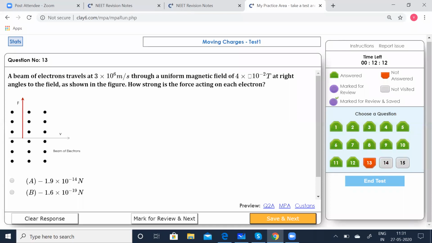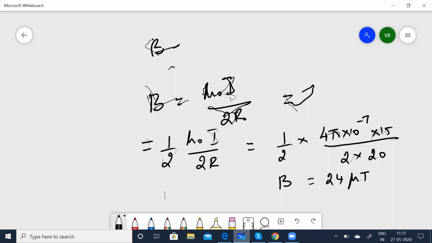So, due to the electrons, now we know electrons have negative charge. We also know that the charge of the electron is 1.6 into 10 to the power of minus 19 coulombs. So, in this case, we have to reverse the sign.